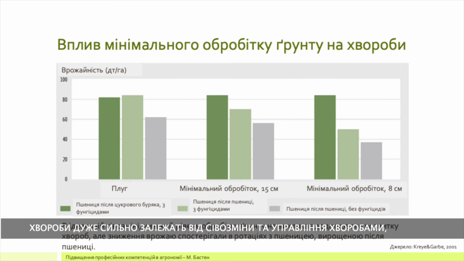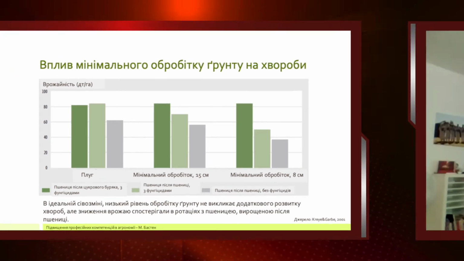So diseases depend very much on the rotation and the disease management, but in wheat we see obviously higher pressure of diseases. When we look in general at the effect of low tillage on weeds, pests and diseases, the following observations are made. In no-till, the weeds can only be controlled by non-selective herbicides, and whether glyphosate will remain in place in the future, because of all the discussions, remains to be seen.